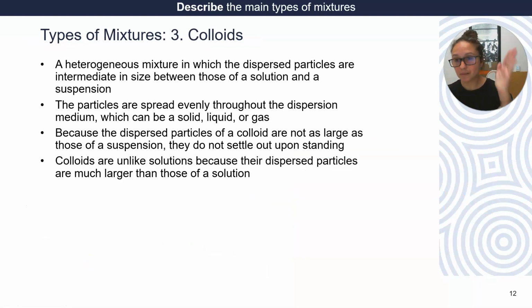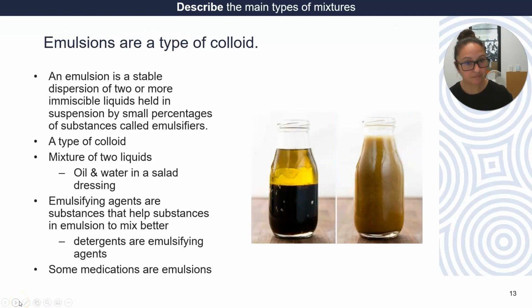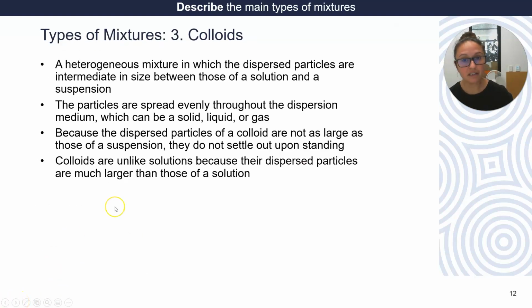And this is a mixture that's in the middle, okay? So what this one describes, okay, let me just go back a sec. So in a solution, the solute is tiny. In a suspension, the solute is big.